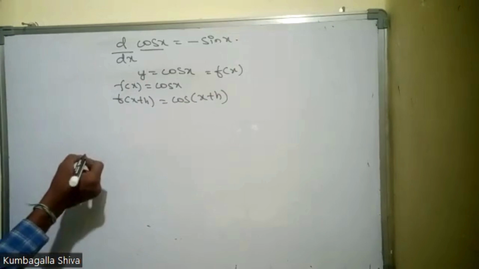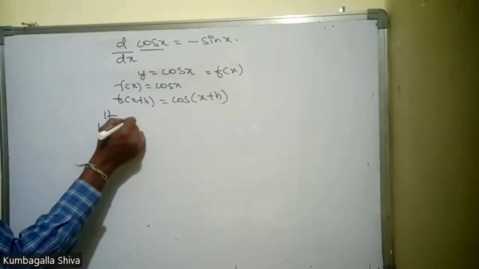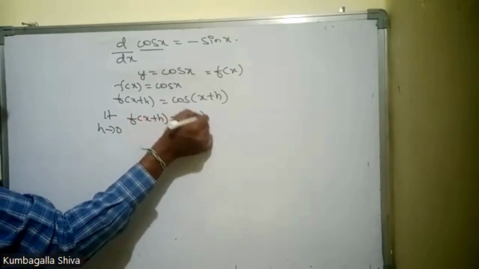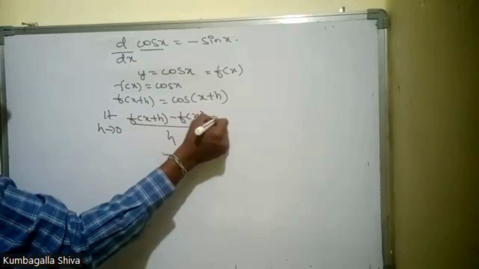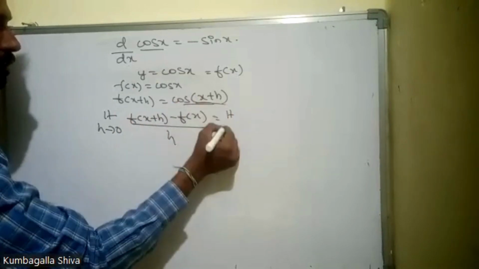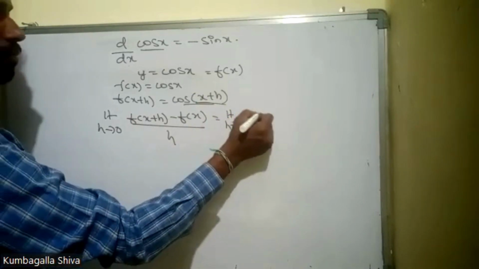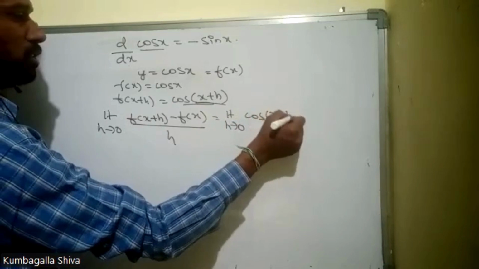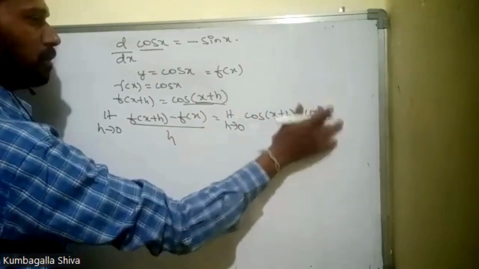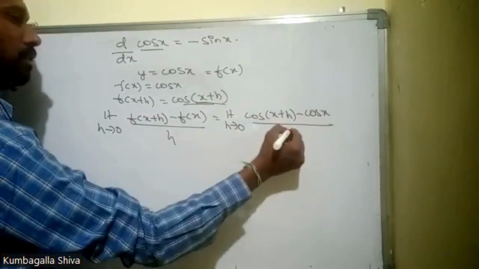Now according to limits, we substitute limit h tends to 0, f of (x plus h) minus f of x by h. In place of f of (x plus h), we substitute this value. That is limit h tends to 0, cos of (x plus h) minus cos x by h.